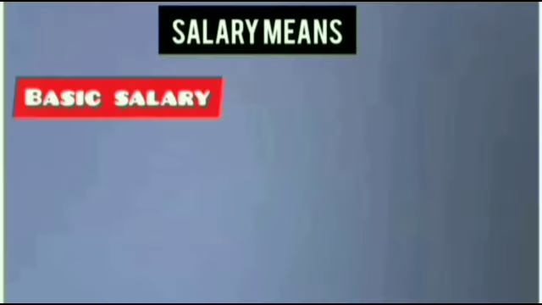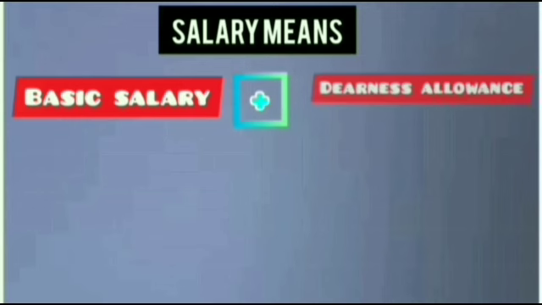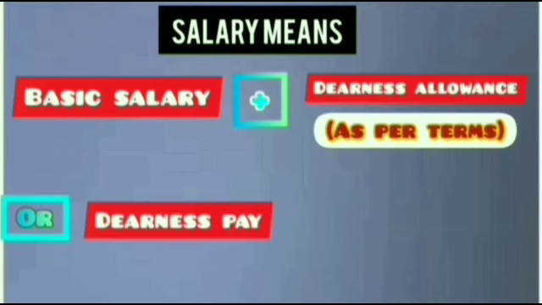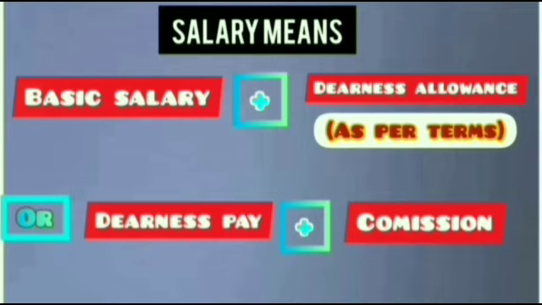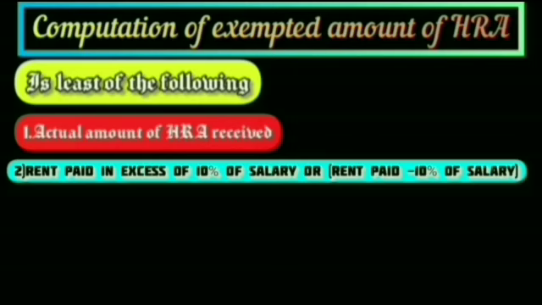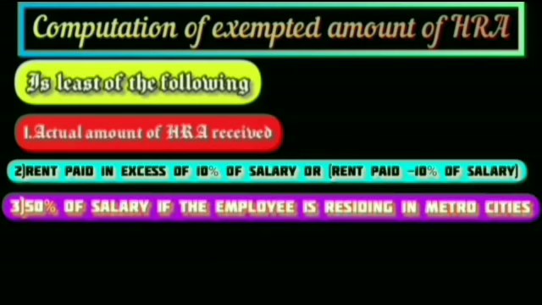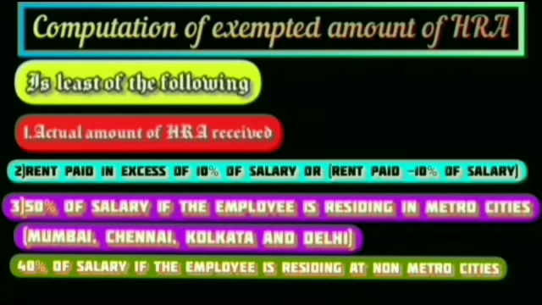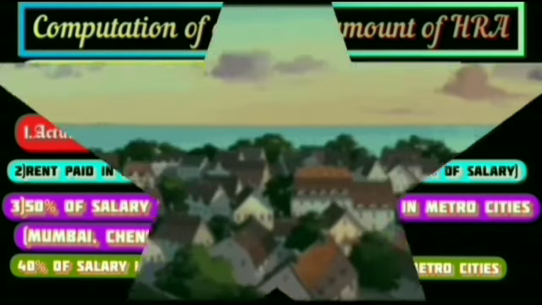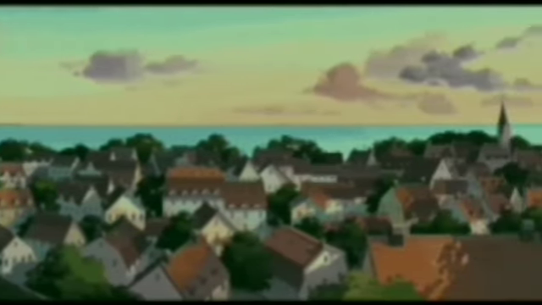Salary means basic salary plus DA as per terms, plus dearness pay, plus commission based on fixed percentage of turnover. Third one, 50% of the salary if the employee is residing in metro cities like Mumbai, Chennai, Kolkata and Delhi, or 40% of the salary if the employee is residing in non-metro cities.